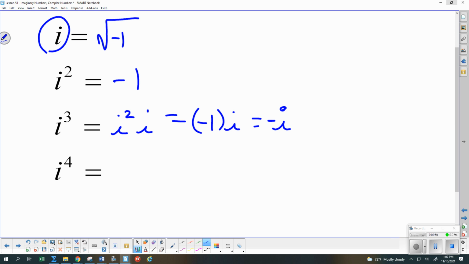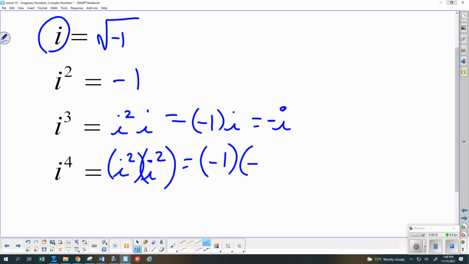Because it's i times i, which is negative 1, times 1 more i, so it's minus i. i to the 4th, I could do this either i cubed times i or i squared times i squared. So that gives me i squared is negative 1 times another i squared is another negative 1, or a positive 1. So I have i, minus 1, minus i, positive 1 so far for my powers of i.